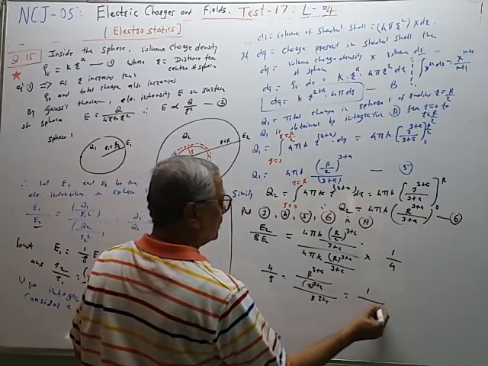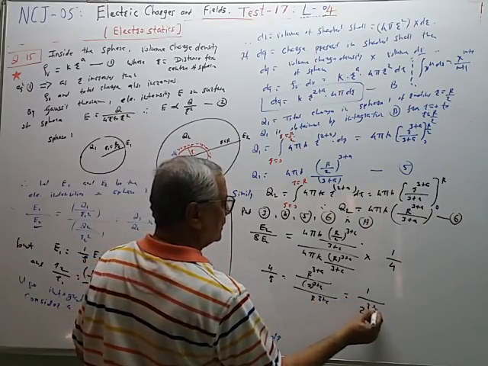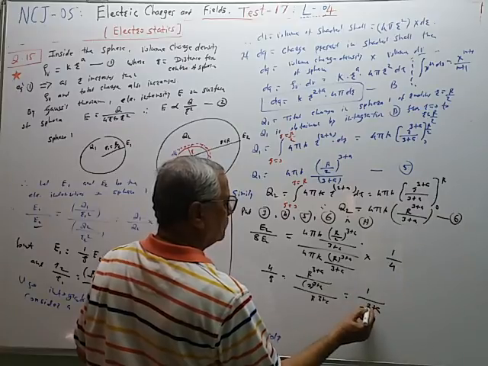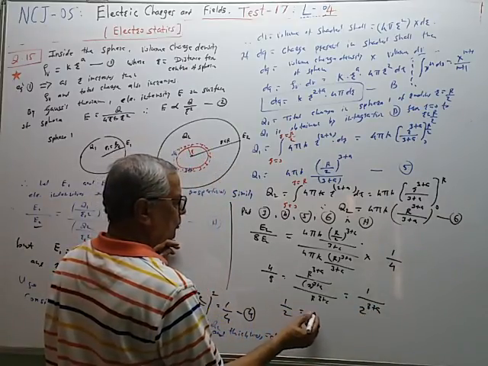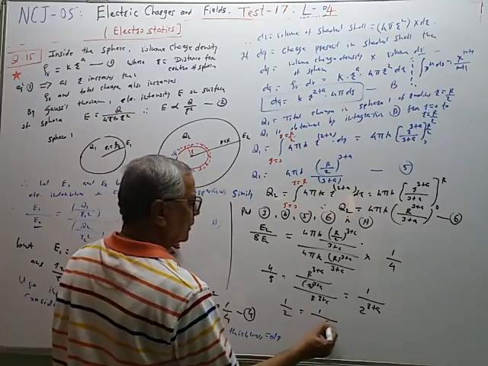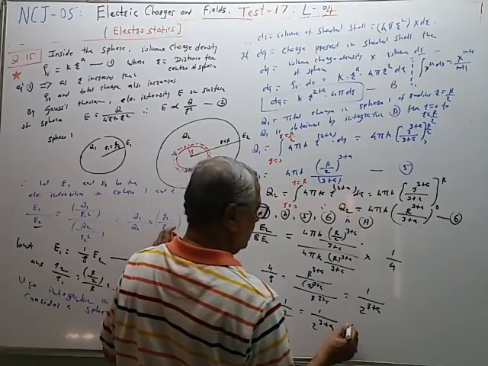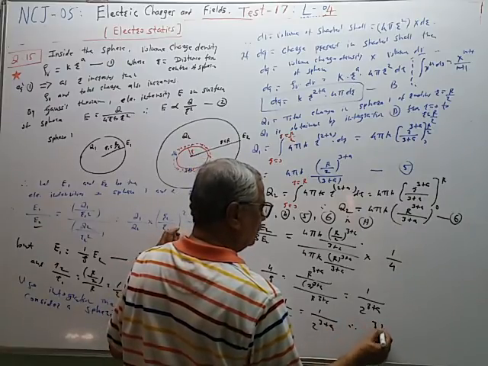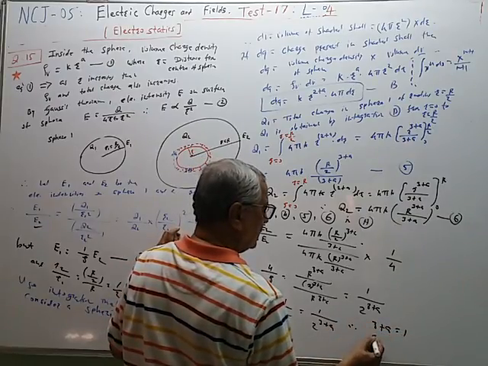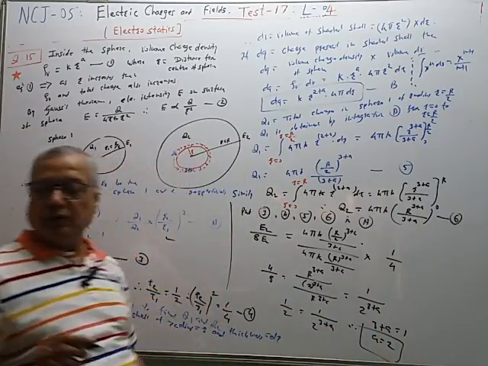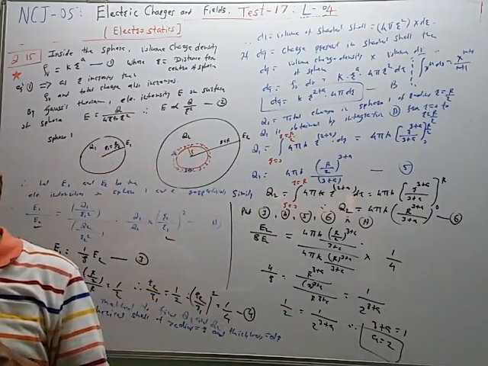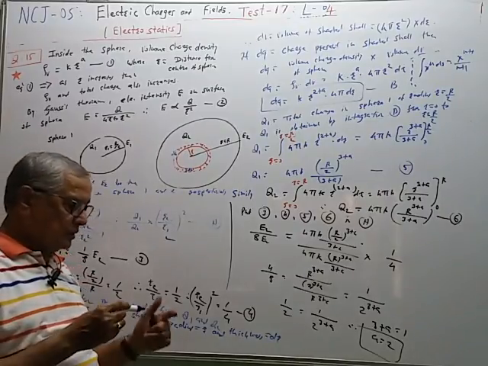So this is equal to 1 upon 2 raised to 3 plus a, which is equal to 1 half. So 1 half is equal to 1 upon 2 raised to 3 plus a. Therefore, comparing the values, 3 plus a is equal to 1, and therefore a is equal to 2. So the value of the constant a is equal to 2. So the correct choice is A.